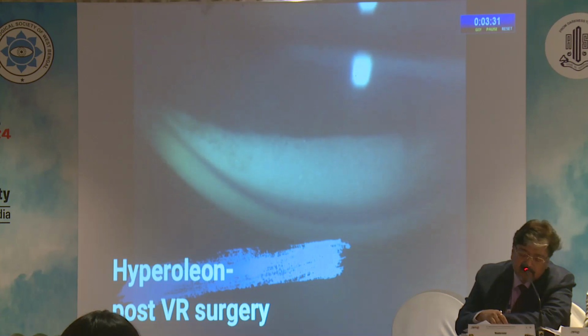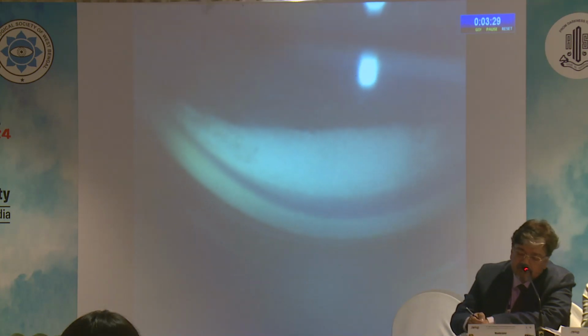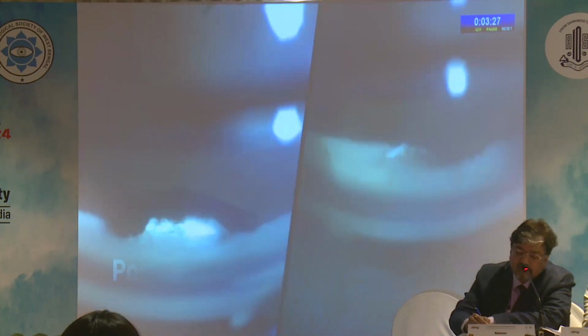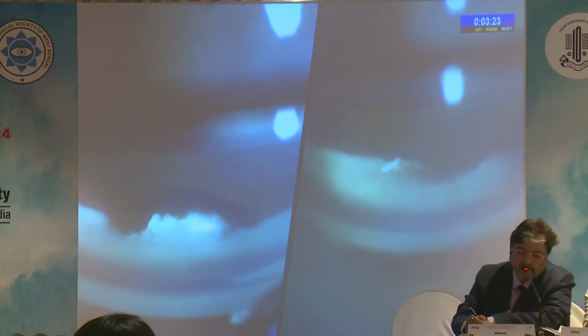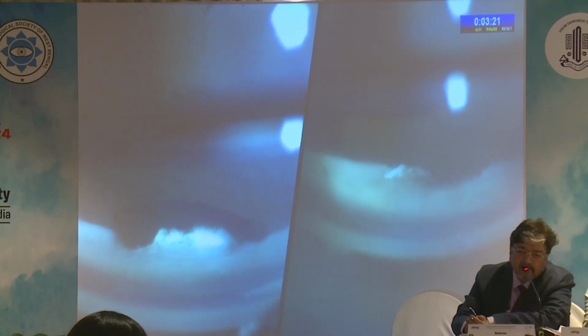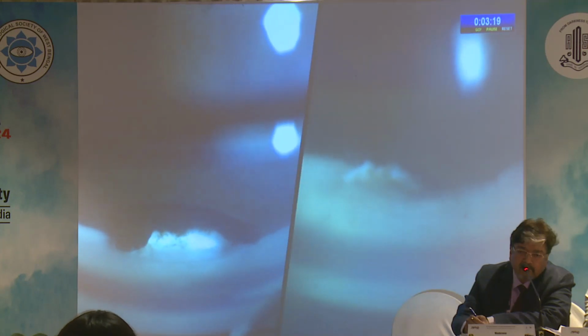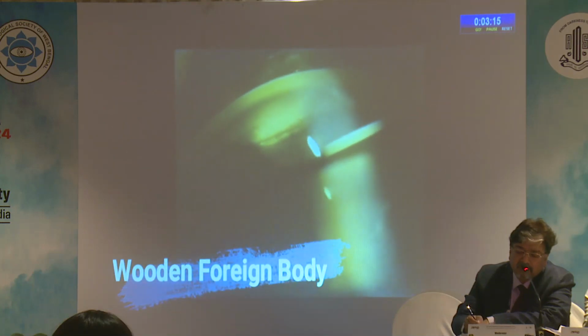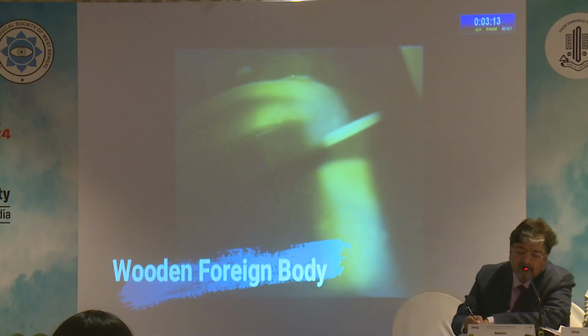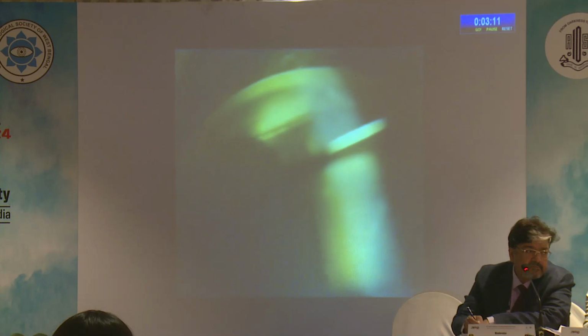Post-vitreoretinal surgery, hyperoleon causing secondary glaucoma. Post-trabeculectomy, we can visualize the ostium, whether it is patent or it is getting blocked with iris tissue. We have come across foreign body in the angle. Here we can see wooden foreign body post-penetrating injury.